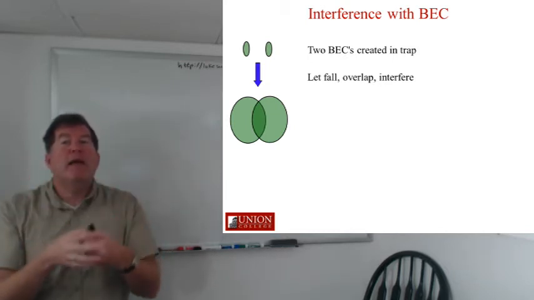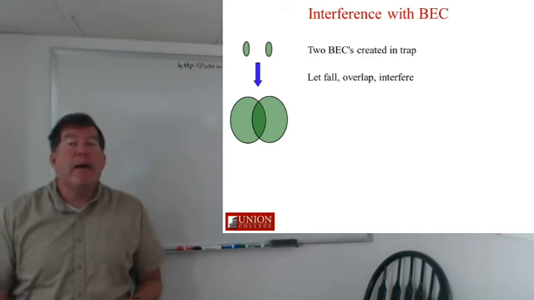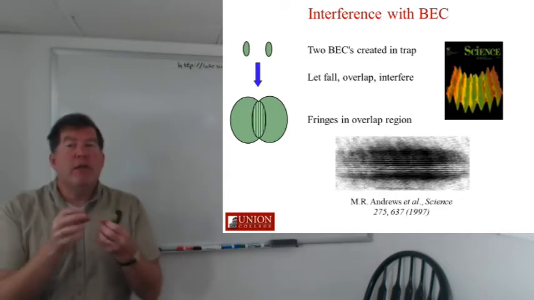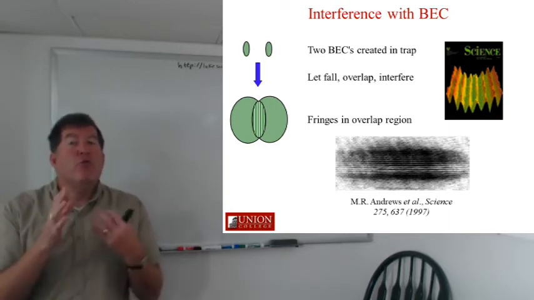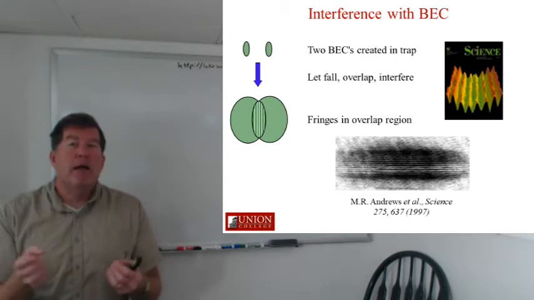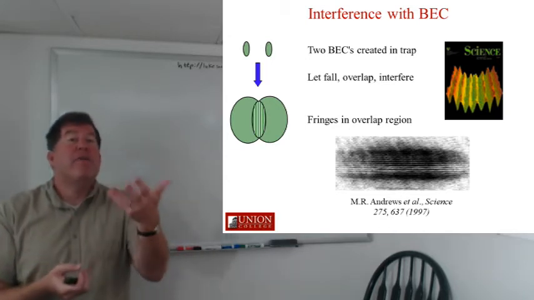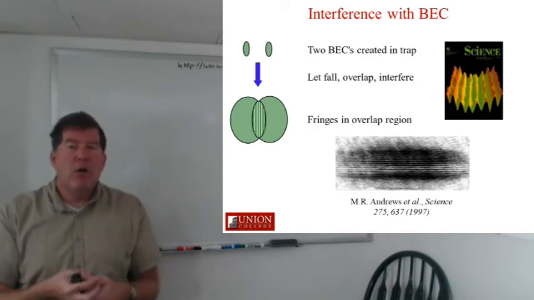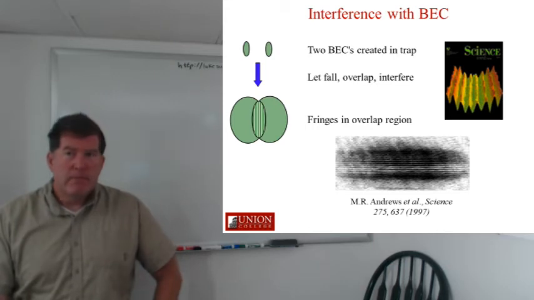And those expanding clouds of atoms begin to overlap with each other. In that overlap region, these waves interfere with each other and produce regions where the probability of finding atoms is much higher and regions where the probability is much lower. You see these interference fringes as these things overlap.